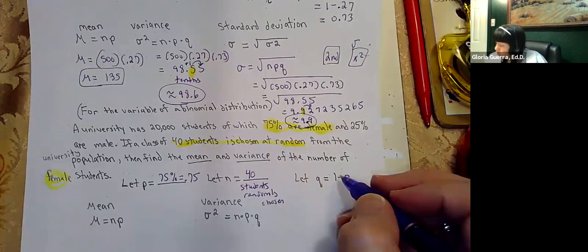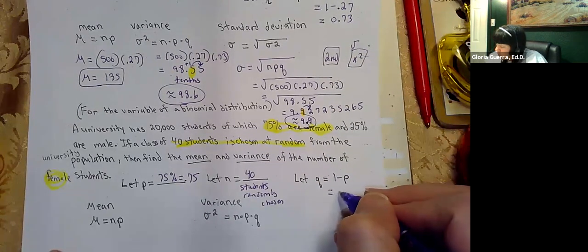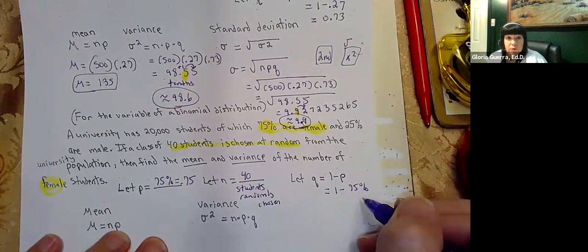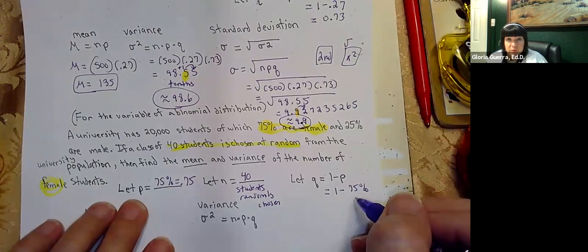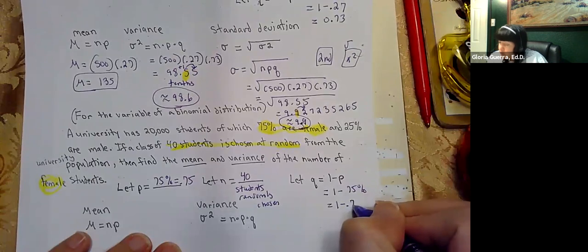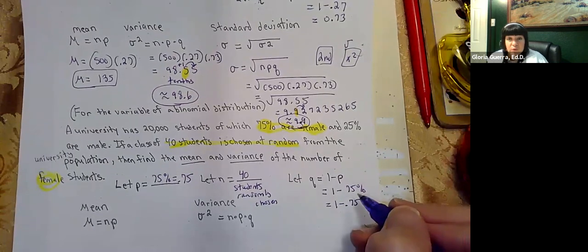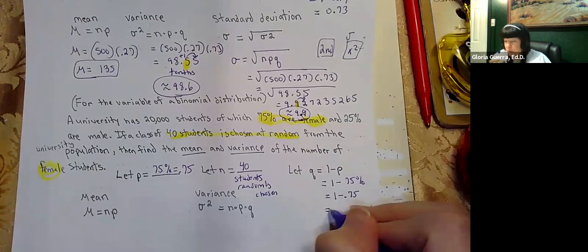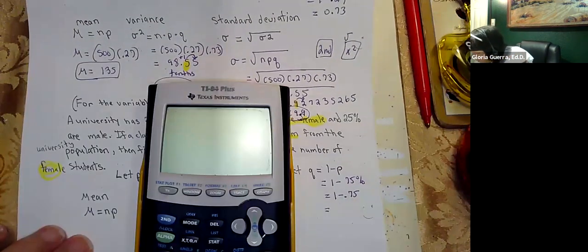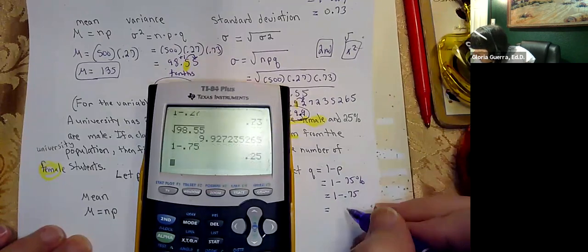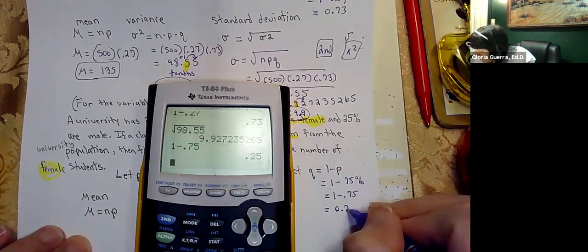And then Q is equal to 1 minus P. So 1 minus P, where P is 75%, that was your P, we're focusing on the females, not the males. And you need the same units. So that's 1 minus 0.75 because you have to move your decimal over 2 places to the left. And on your calculator, when you do 1 minus 0.75, that just gives you 0.25.